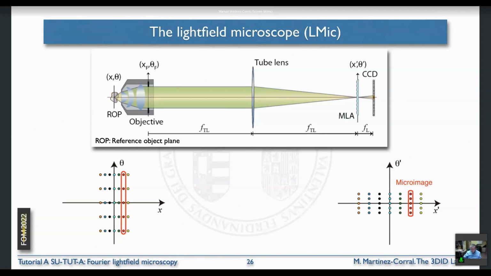We have a rescaling, but not rotation. So what here is a column, here is still a column. You know that a microscope has strong spatial magnification and opposite angular magnification. So big angles here mean very small angles here.